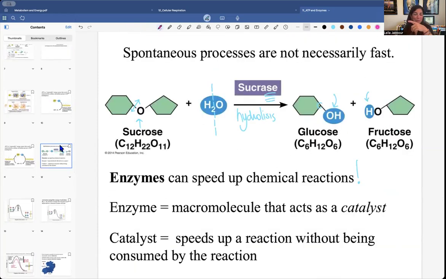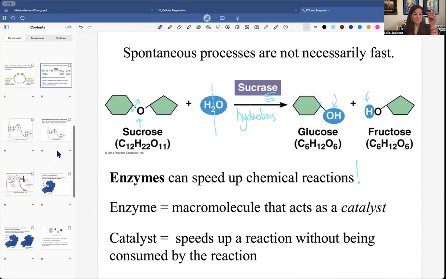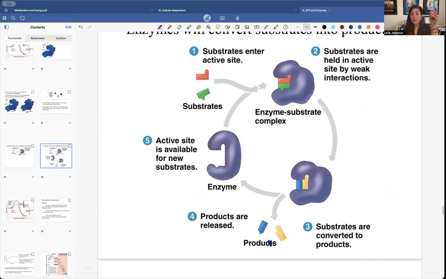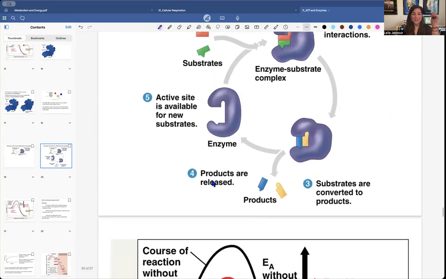I couldn't remember the second one. Glucose and fructose. So glucose and fructose come out. Now the enzyme is empty again, and it's available for another sucrose to be catalyzed into two monosaccharides.